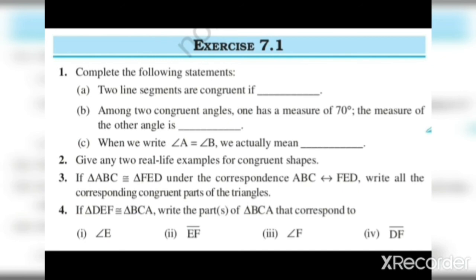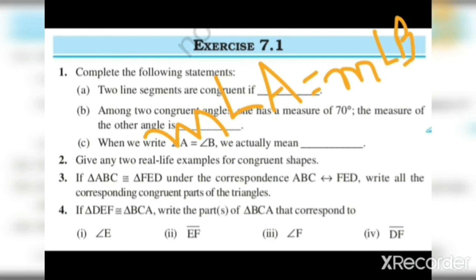Third, number C, when we write angle A equals angle B, we actually mean that the measurement of angle A is equal to the measurement of angle B. That means these two angles have the same measurement.